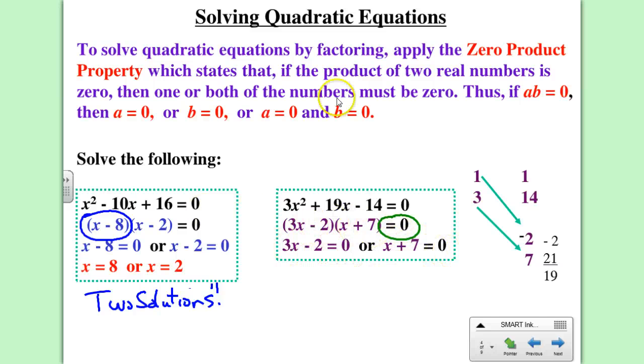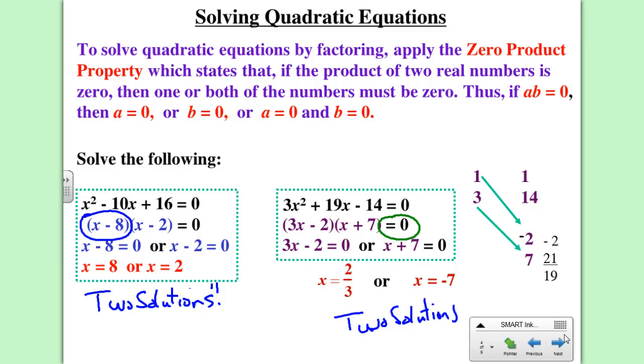From the zero product property, one of these two has to be 0. That means that x equals 2/3 or x equals minus 7. Those are the two possible answers. And once again, I've got two solutions.